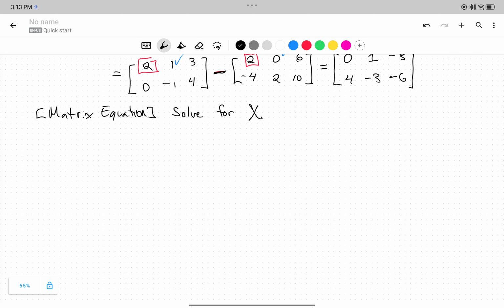So we're going to solve for a matrix. That's called a matrix equation. All right, this is what it looks like. Capital X. So remember, if you use a capital letter, you're talking about a matrix. If you use a lowercase letter, it's an entry. Entry means it's a number that is inside of a matrix.